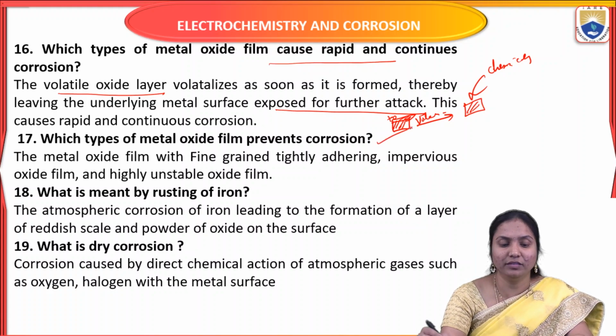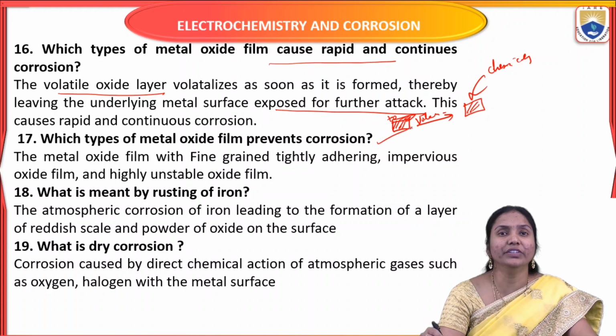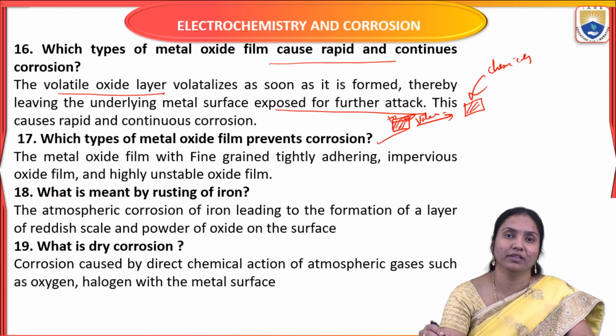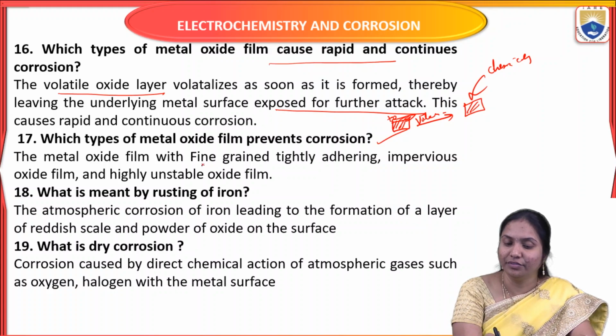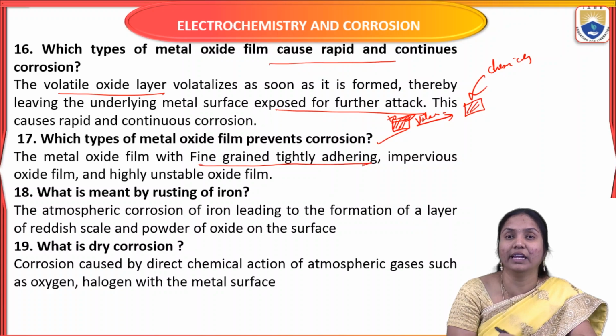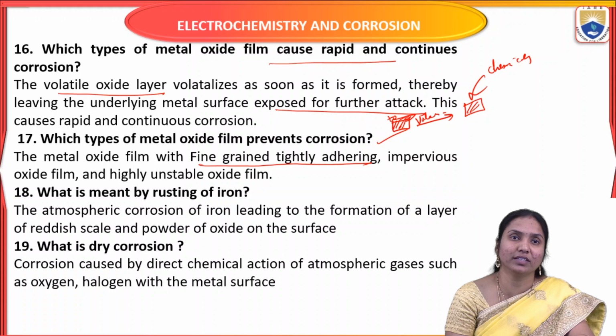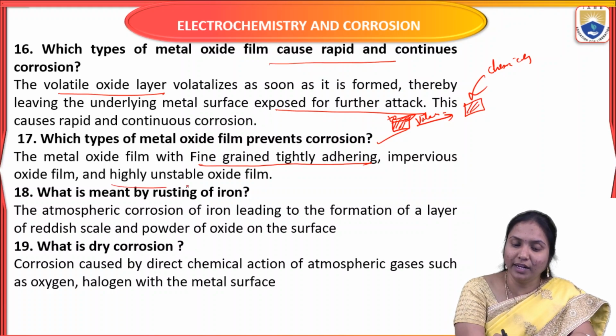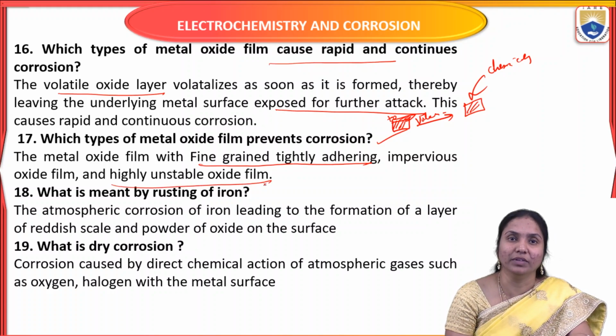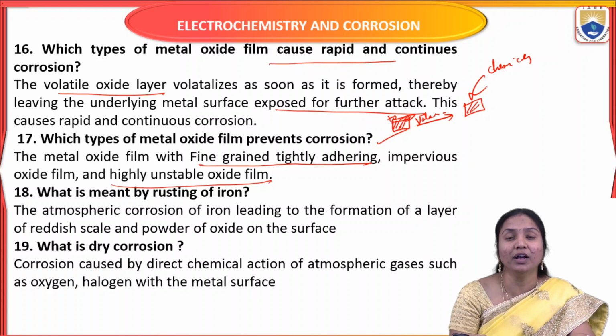And next question: which type of metal oxide film prevents corrosion? Which type of metal oxide layer prevents corrosion? The metal oxide layer with a fine-grained, tightly adhering, impervious and highly stable oxide film prevents corrosion.